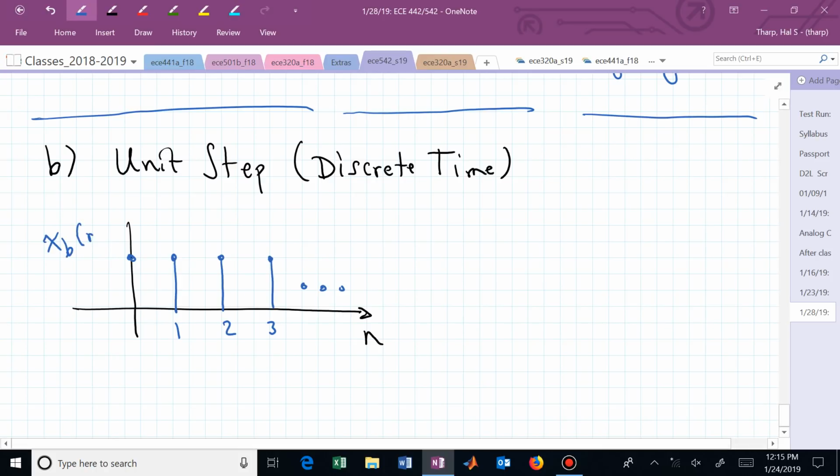And now this is x sub b of n with a magnitude of 1. So this pattern starts at n equals 0 and goes on. It doesn't equal anything below n equals 0. Or we could write x sub b of n is now equal to 1 for n greater than or equal to 0, and 0 otherwise.